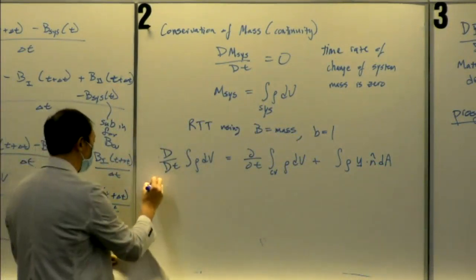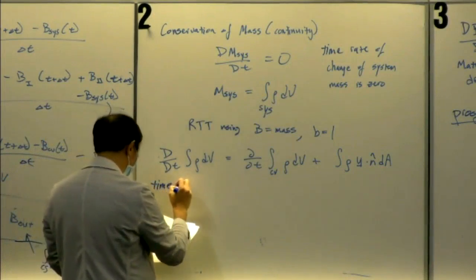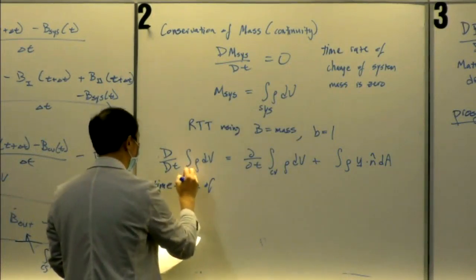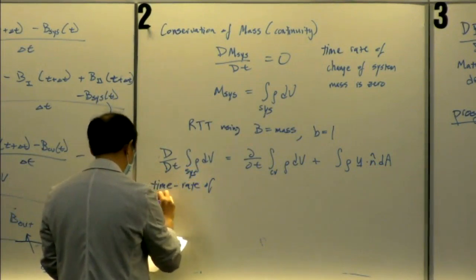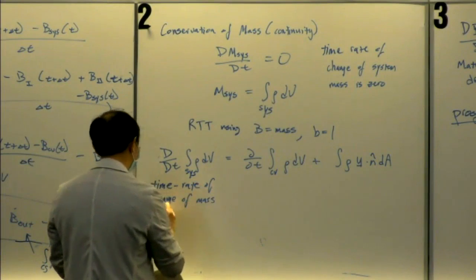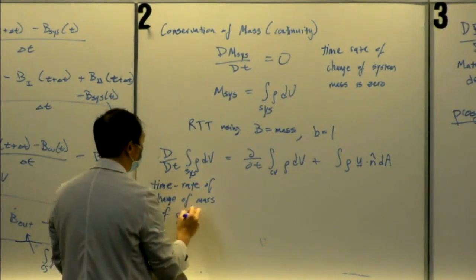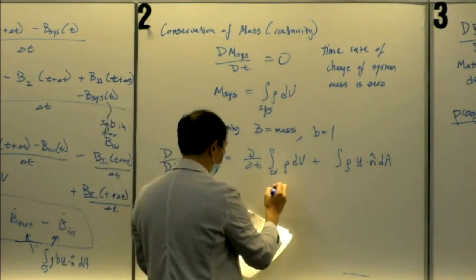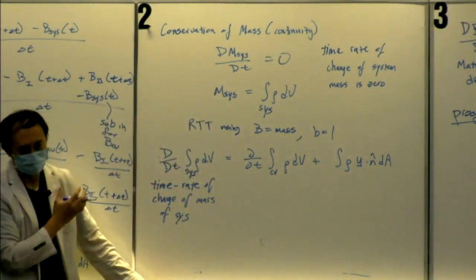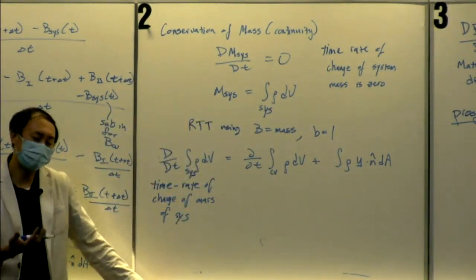Let's talk about what these terms mean. The left-hand side is the time rate of change of mass of the system, which is going to be 0. Everything on the right-hand side is going to be using a control volume. The system is kind of an abstract quantity.